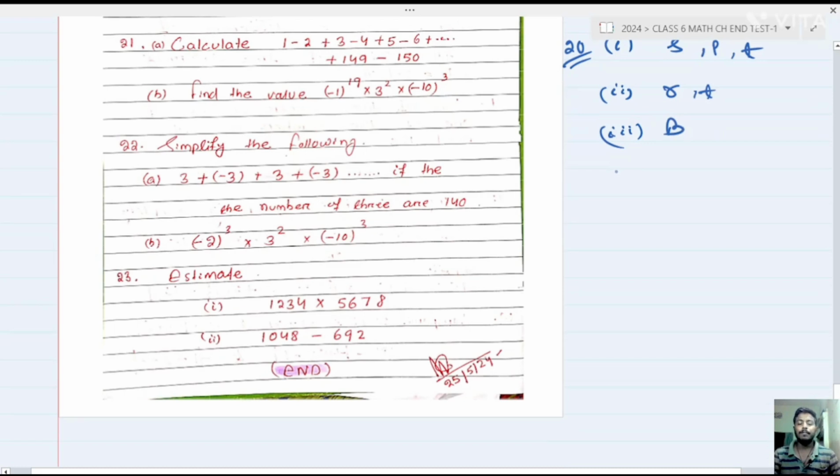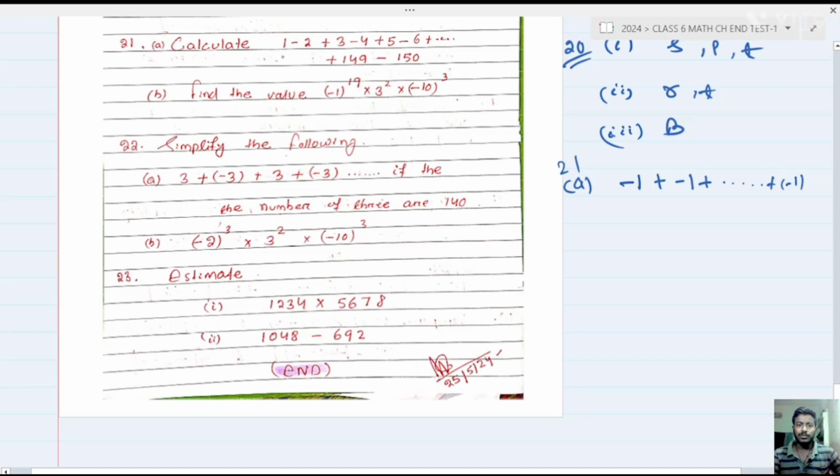Calculate 1 minus 2, 3 minus 4. So here if we calculate, that is 1 minus 2, that is minus 1, plus minus 1, plus minus 1. Yes or no? So how many minus 1s are there? Total is 150.